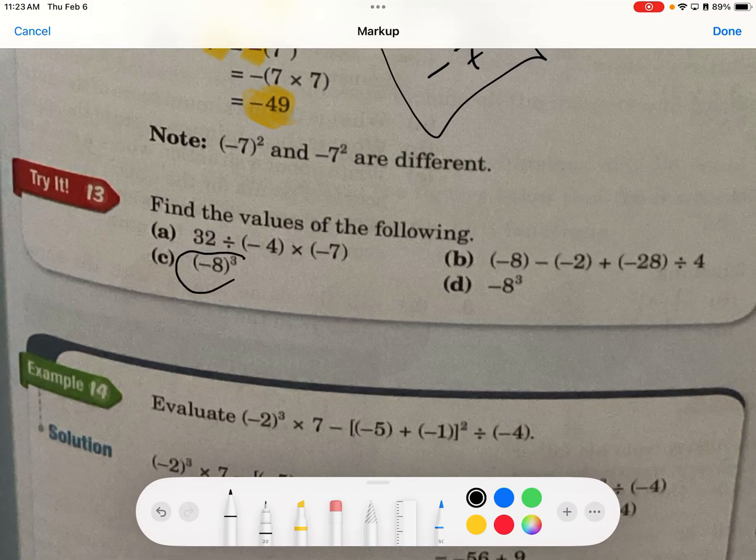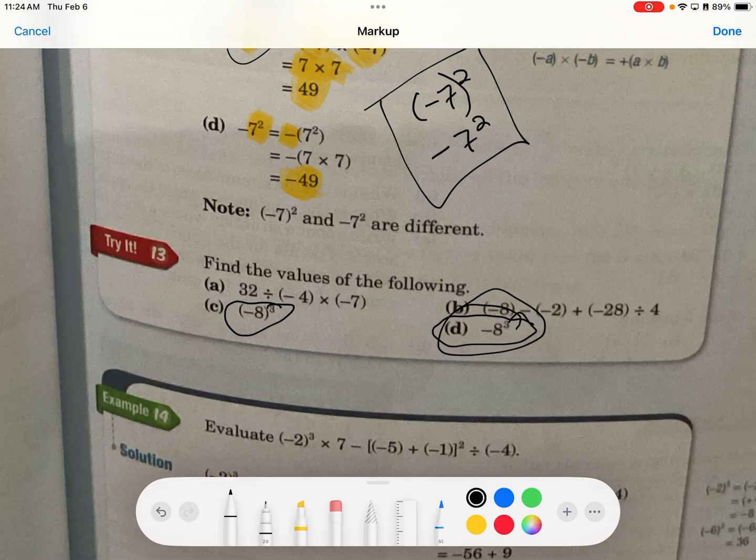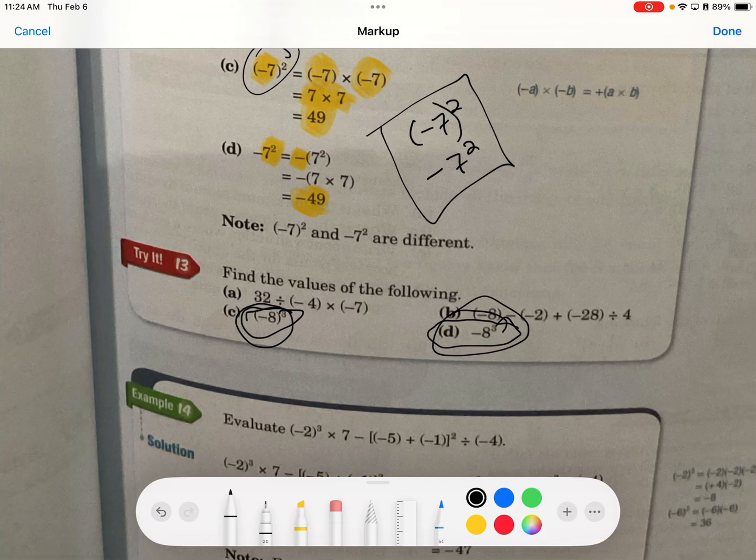So we can see examples of this here and here, right? We know that this guy is going to be negative, and this guy, well, that's tricky. Let's see this. So negative 8 times negative 8 times negative 8. What is that going to be, Micah? 8 times 8 is 64 times 8.